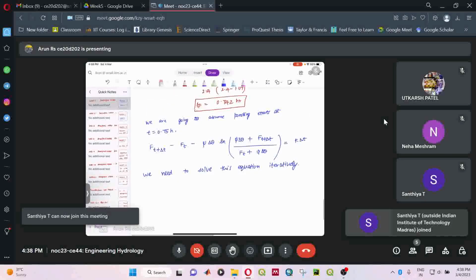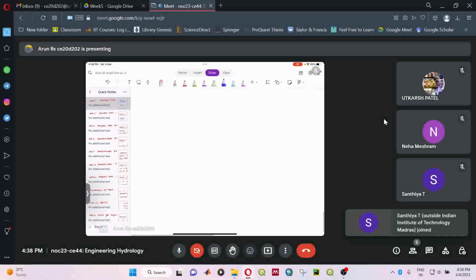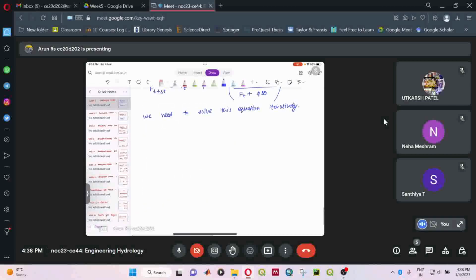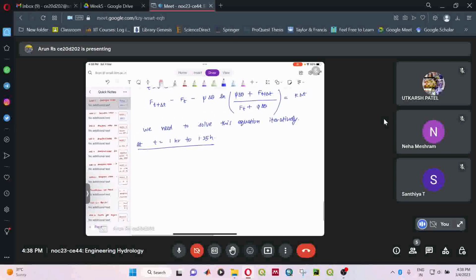Now we'll see what is happening in the time interval 1 hour to 1.25 hours. We need to find F at t plus delta t, which is the unknown.